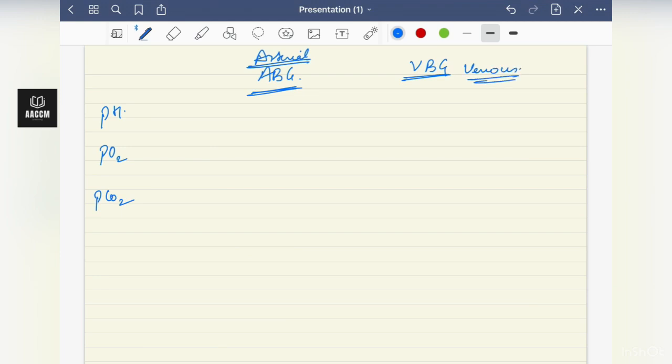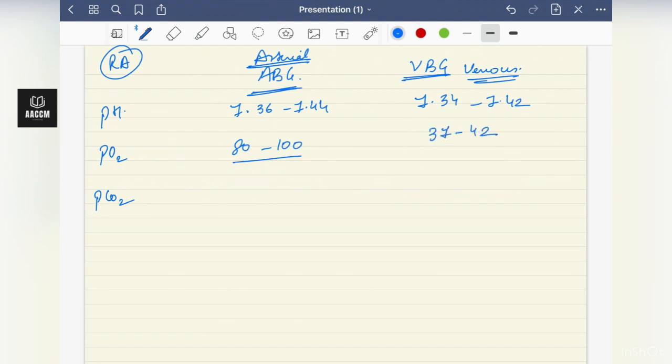The pH of a normal arterial sample should be 7.36 to 7.44. Here, for venous, it should be 7.34 to 7.42. The PO2 levels should be 80 to 100, and here I'm talking about room air. For venous it is 37 to 42.